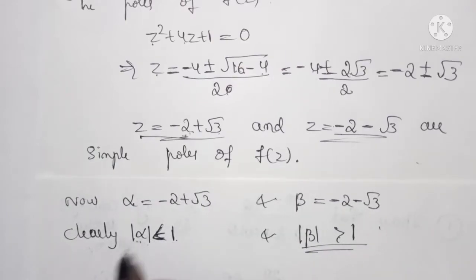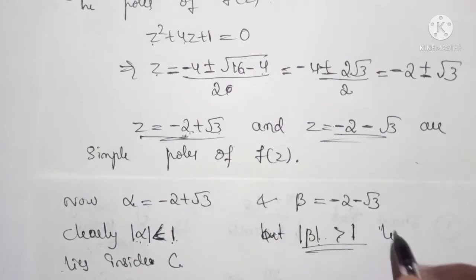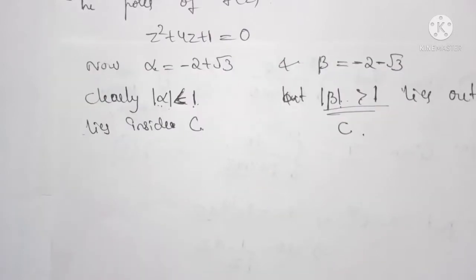Mod of alpha is less than 1, so it lies inside C, because the radius of C equals 1. But mod of z for beta is greater than 1, which lies outside C, which is the circle.